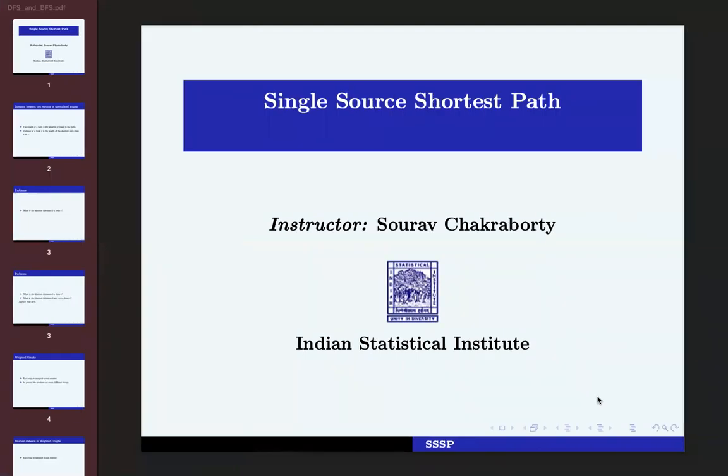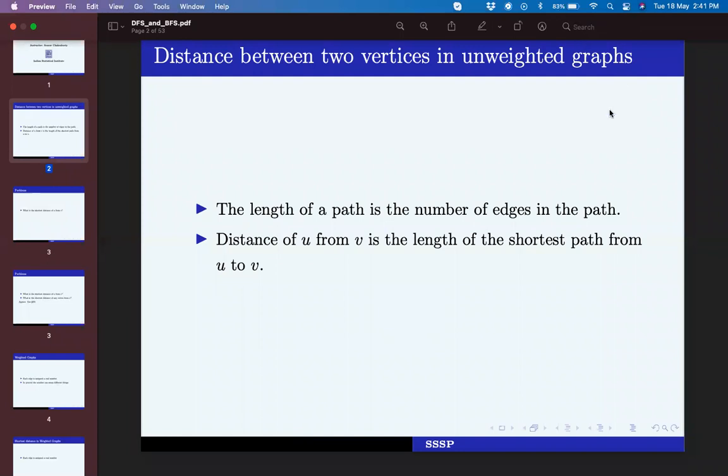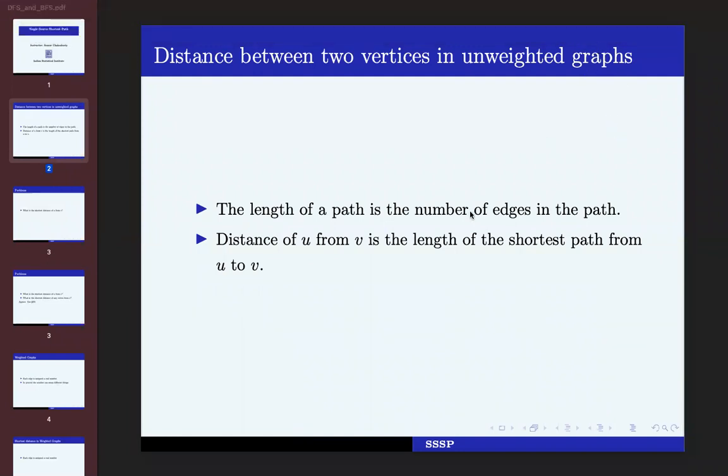Anyway, today we are going to do the single source shortest path problem. What is the single source shortest path problem? We have seen that the distance between two vertices u and v is usually counted as the number of edges in the shortest length path between u and v, and that is defined to be the distance between the two vertices in a graph.